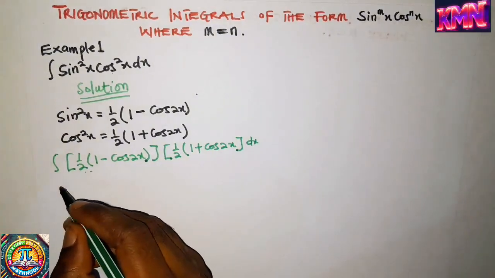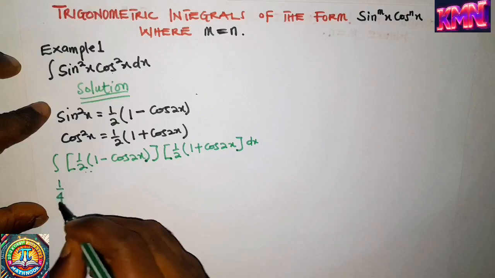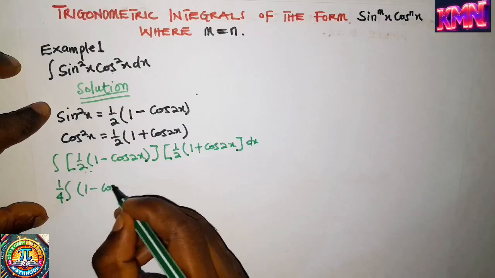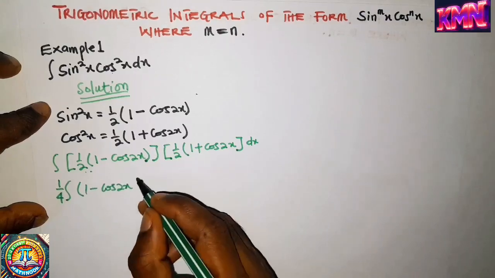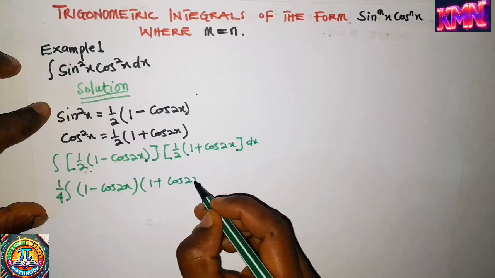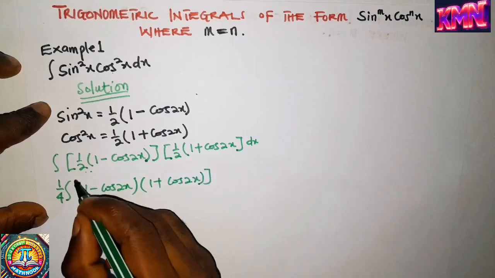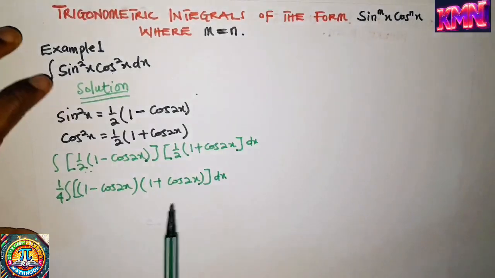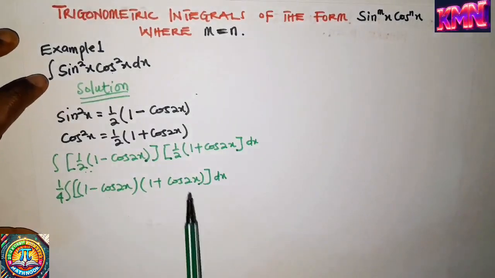That will give us 1/4 integral of 1 minus cosine 2x times 1 plus cosine 2x dx. Obviously, this is a difference of two squares.